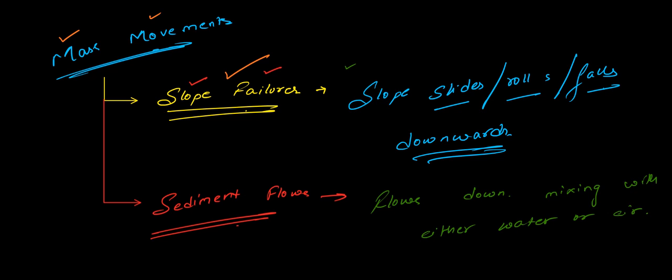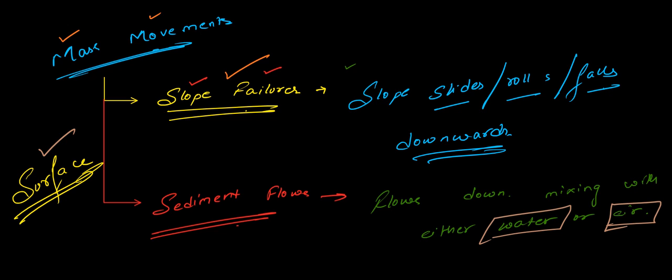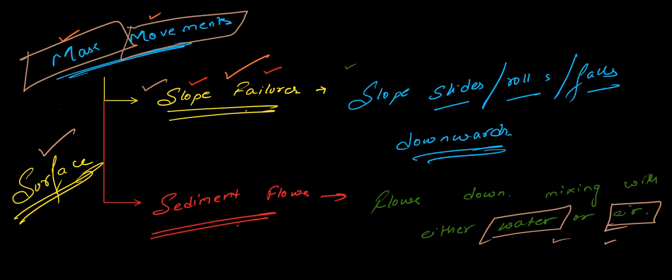The lighter particles on the surface of the earth, we have a large amount of them, generally mix with water or air and flow downwards, and due to this mass movements occur. So we have two main processes.